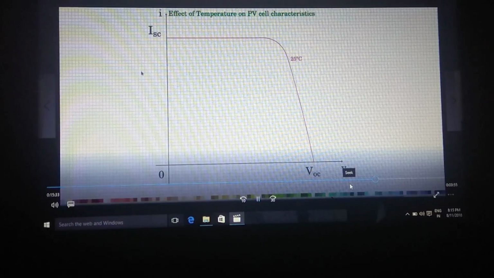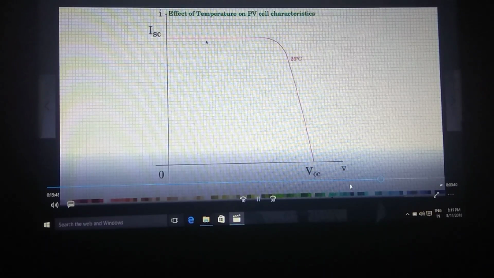Consider this IV characteristic of a PV cell and let us study the effect of temperature on the cell characteristic. We have this IV curve taken at standard insolation of 1 kilowatt per meter square and standard temperature of 25 degrees centigrade. Now let us say the temperature increases from 25 degrees centigrade to 40 degrees centigrade. What is the effect on the cell? Now let me make a duplicate of this curve.